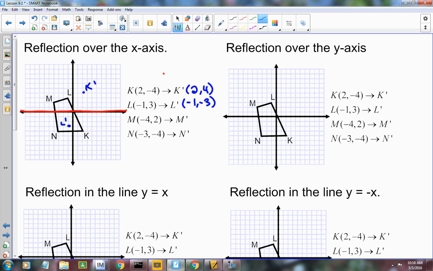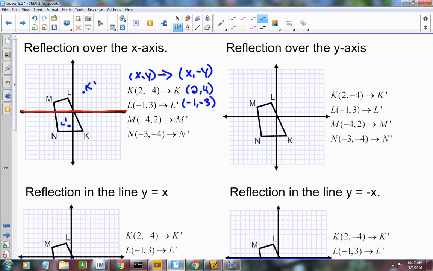Here it was -1, 3, it became -1, -3. Okay, so to the y, right. If you reflect over the x-axis, the sign of the y coordinate changes. Okay, so my pattern is, if you take your x and y coordinate, your x stays the same, and then the sign of your y changes.